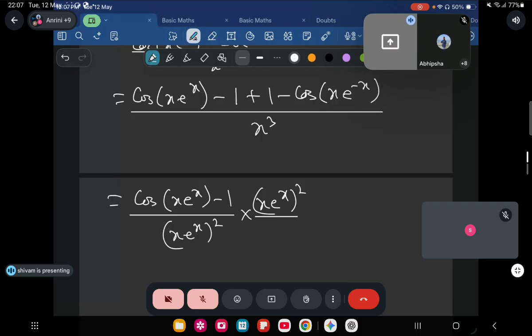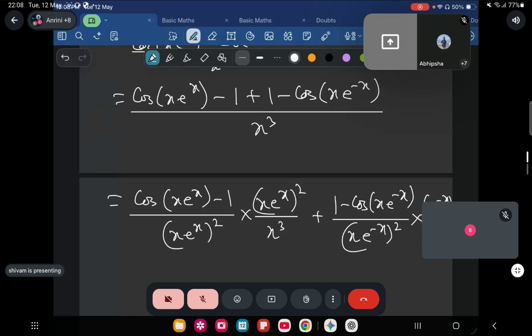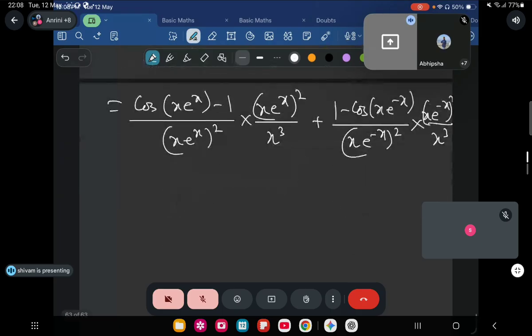The whole thing is divided by x cubed. Next, plus 1 minus cos x e to the power minus x divided by x square. So x square, x e to the power minus x whole square multiplied by x e to the power minus x whole square divided by x cube. Let's see whether it will work or not.